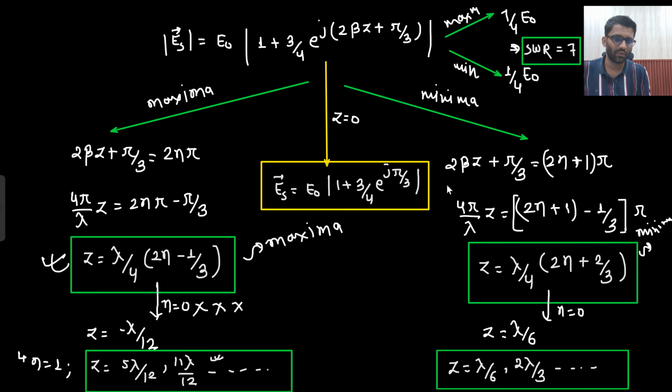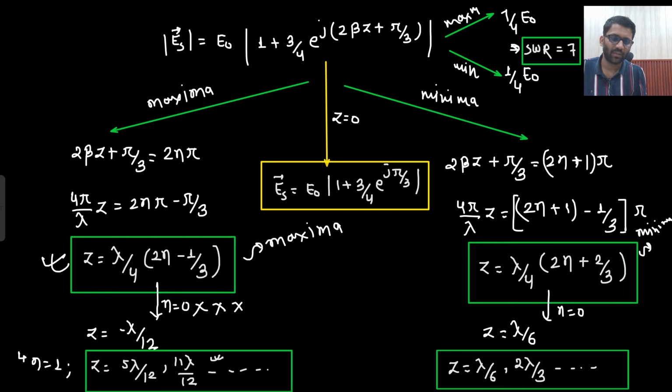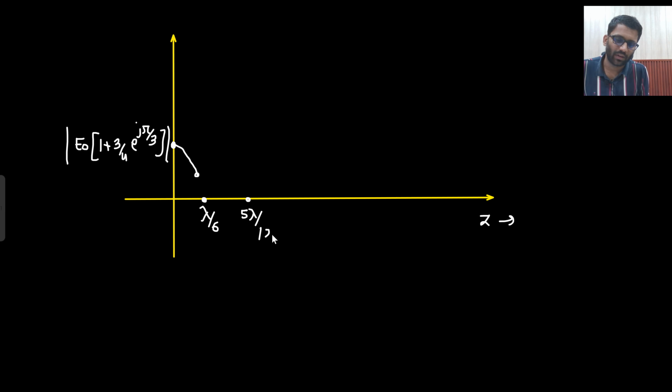So at z equals to 0, you are having this value, which I am calling e naught 1 plus 3 by 4 e to the power j pi by 3, and certainly we are talking about magnitude, so I will take the magnitude. This is the value you are having. Then at lambda by 6, you are having minima. Then at 5 lambda by 12, you are having maxima.